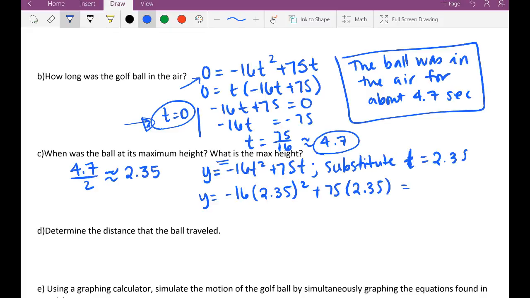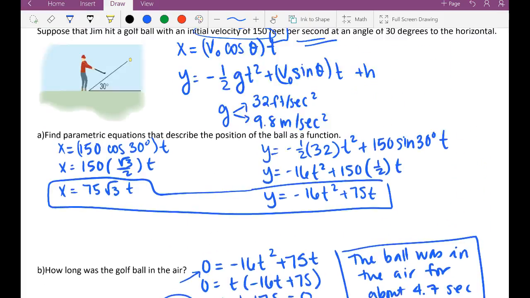With my friendly calculator, let's see what I can come up with. 2.35 squared times negative 16 plus 75 times 2.35. I have an answer of 87.89. Can you tell me if that's right? Can you double check my basic math, please? Okay, so let's look at the unit of time again.